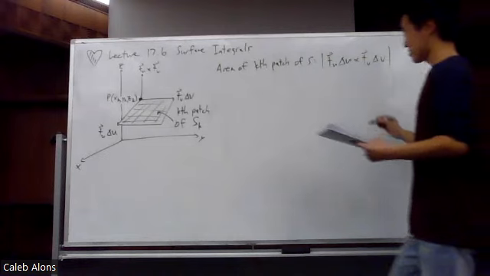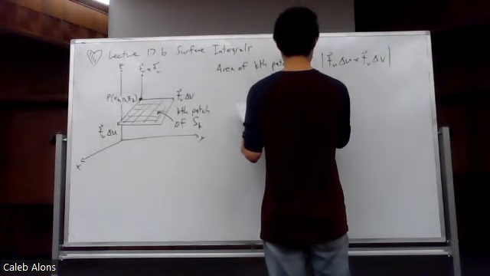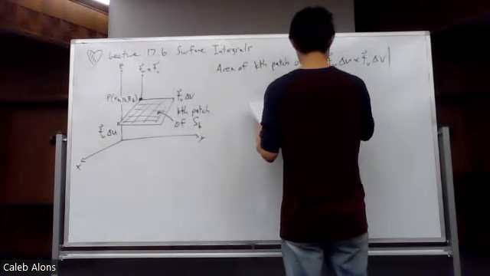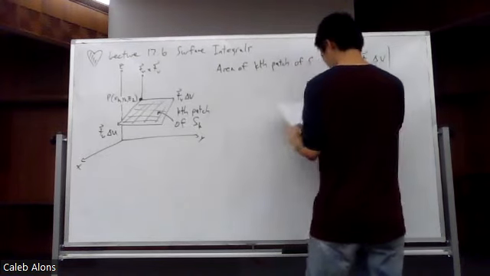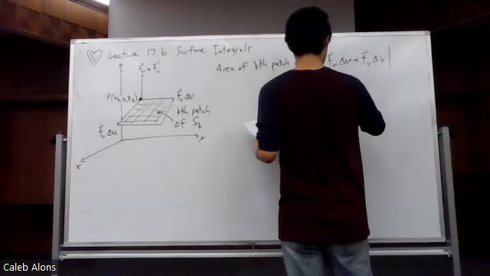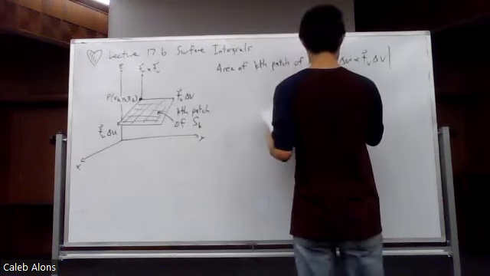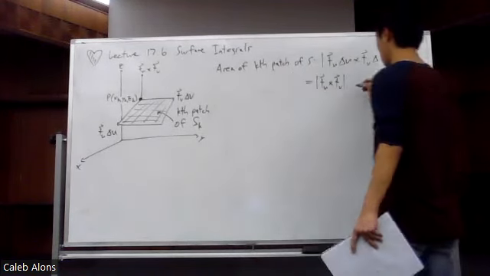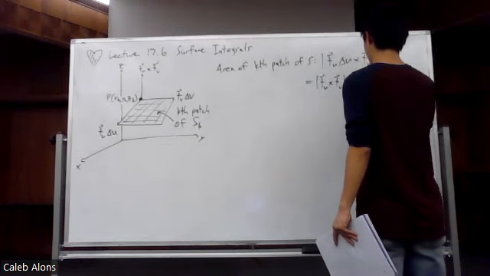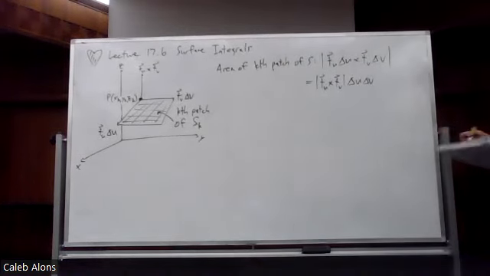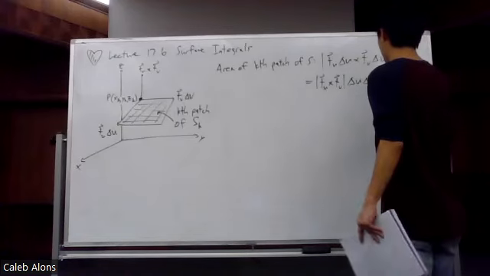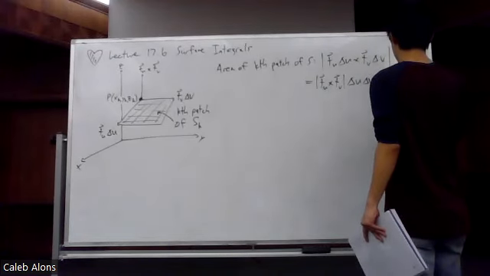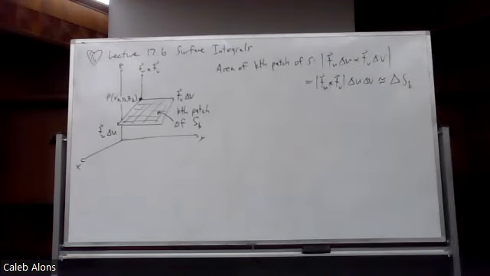And by theorems, we can take the constant stuff out: TU cross TV, and then times the delta U and delta V. This is approximating what we mean by some change in the overall surface area.